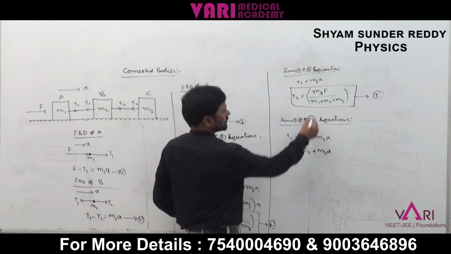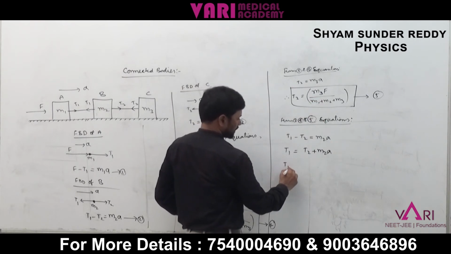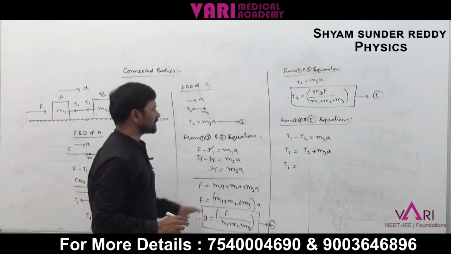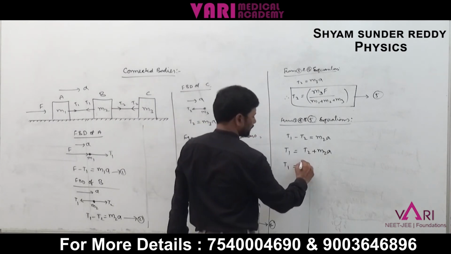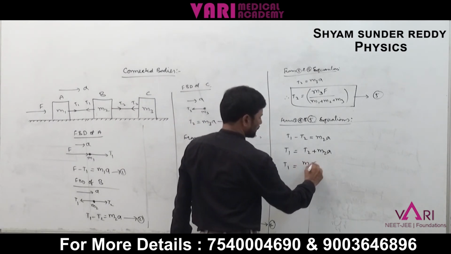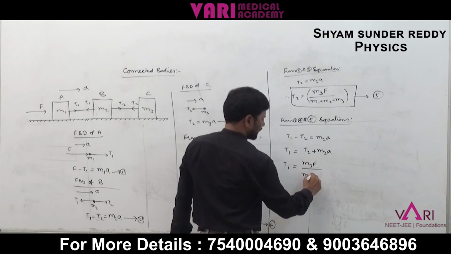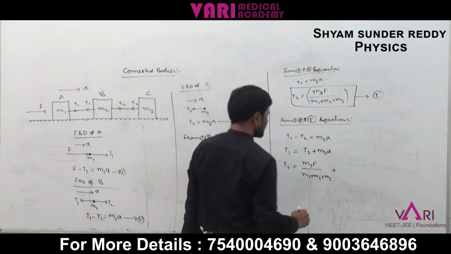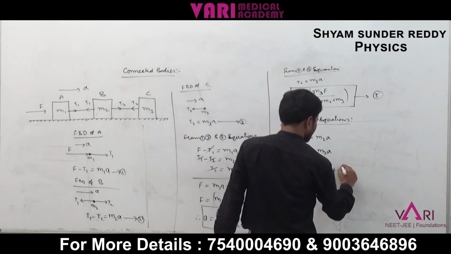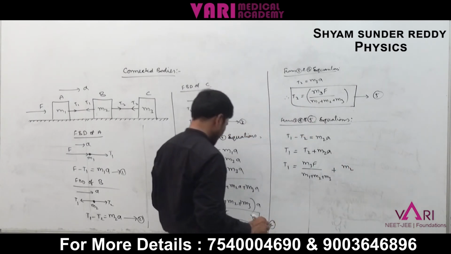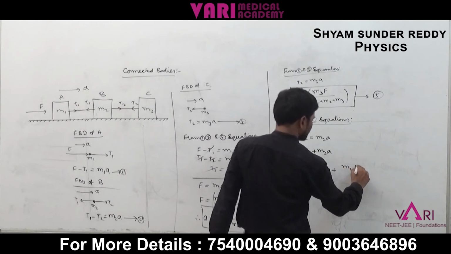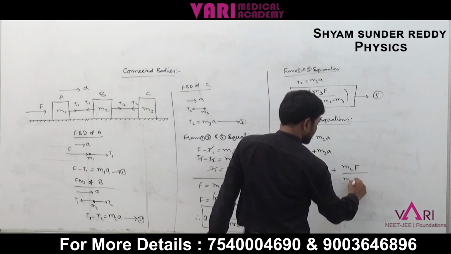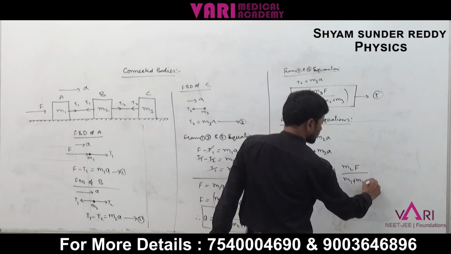Here we can write the T2 value and A value. T1 is equal to, what is the T2? M3F by M1 plus M2 plus M3, plus M2A. M2 into A is nothing but F by M1 plus M2 plus M3.